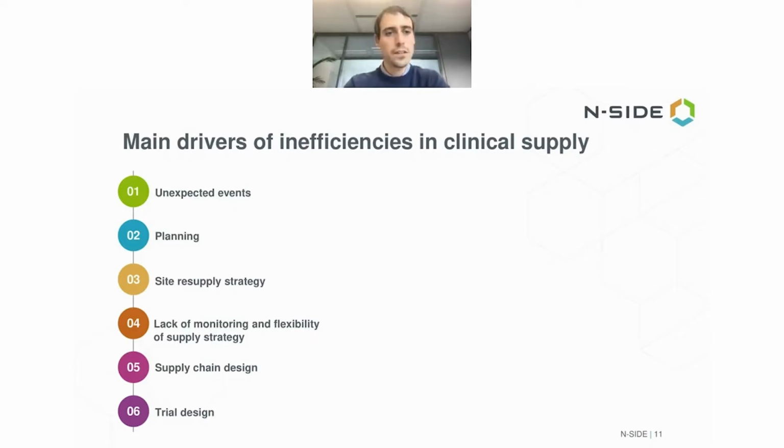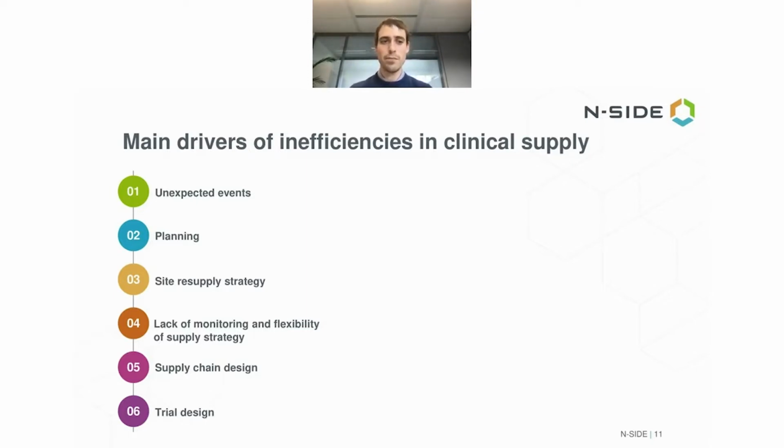Then we have everything related to the site resupply strategy. So how often will you resupply your sites? What will be your buffer levels at the sites? Then we have the lack of monitoring. So I talked about the unexpected events. So that's one thing. But if you don't react in time, then it will get even worse.